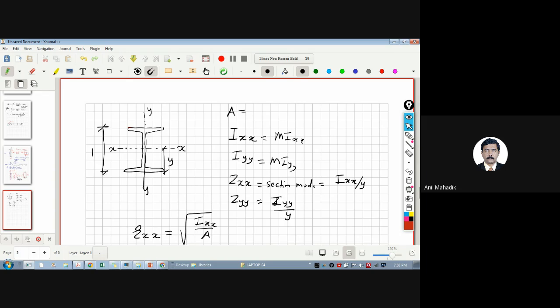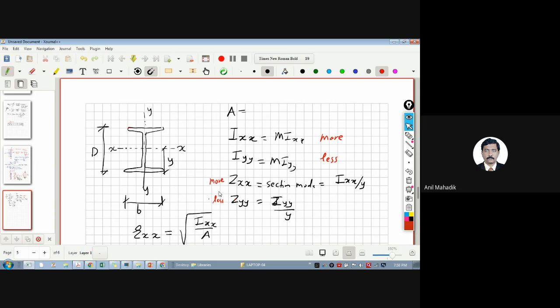In an I section, generally the width is less and the depth is more. So if the depth is more, will Ixx be more or less? Yes, since the depth is more, this is more and this is less, compared with this. Correct? That means Zxx will be more and Zyy will be less.